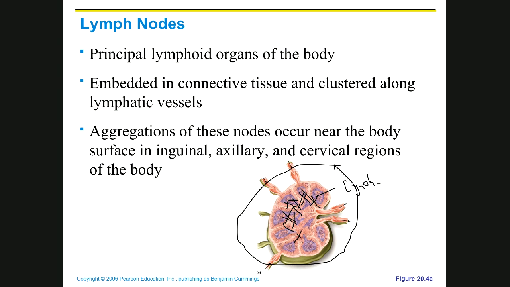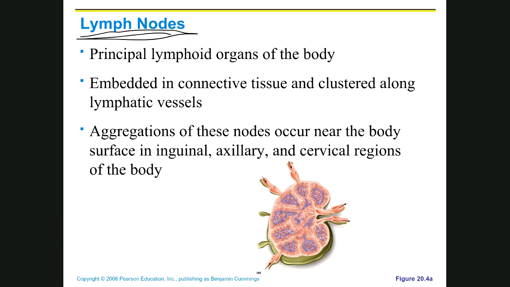Well, the main one of these is called lymph nodes. So lymph nodes are sort of bean-shaped. They look like a kidney bean or something. And they are connected to these lymphatic collecting vessels. Well, we don't have them everywhere equally. There are very few in the arms and legs.